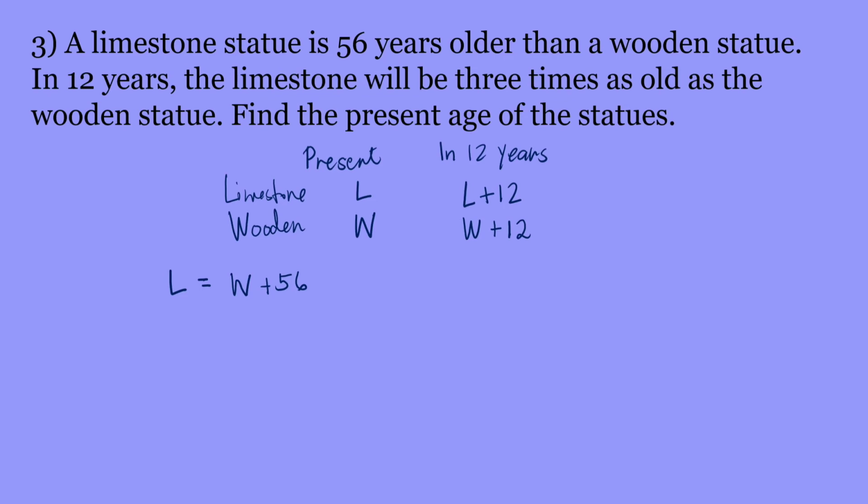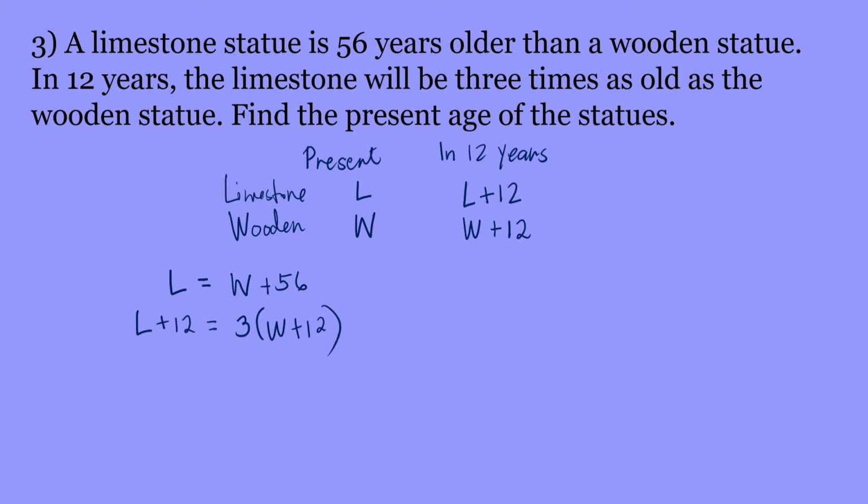So, in this second equation, we look at the fact that in 12 years, the limestone, so that's L plus 12, will be 3 times as old as the wooden statue. So that will be 3 times W plus 12. Right? So these are our working equations.